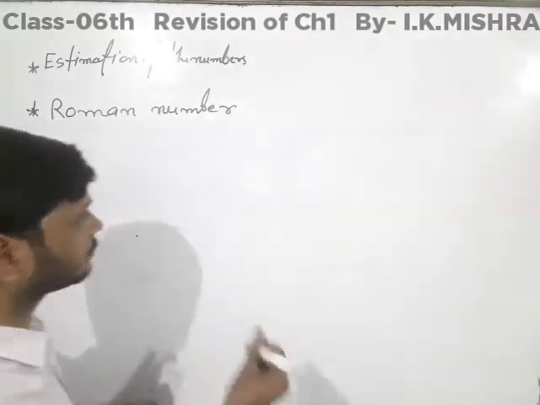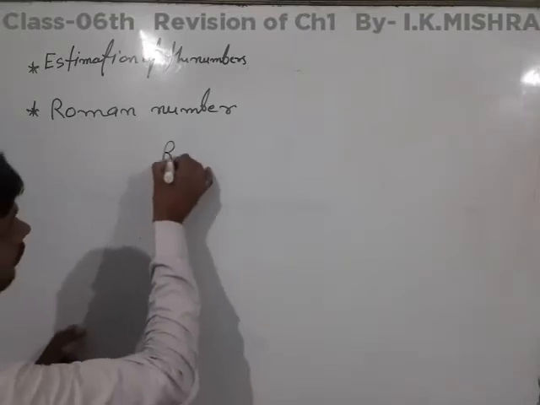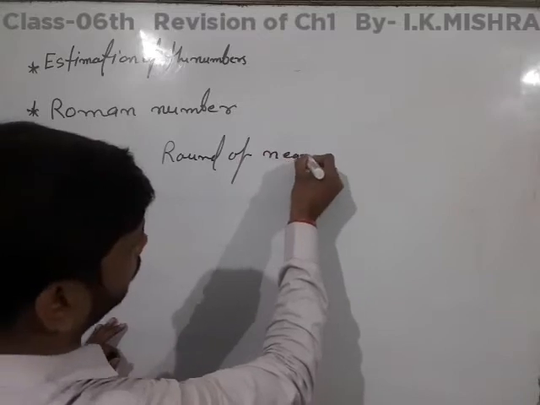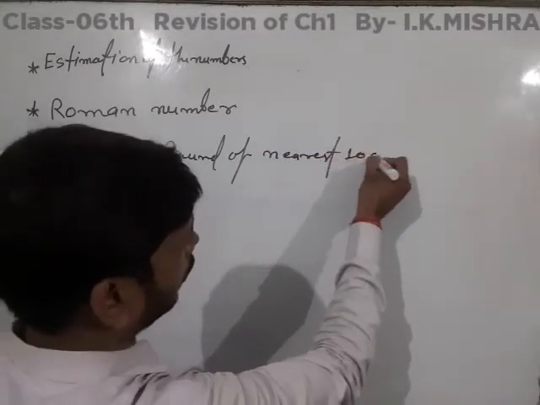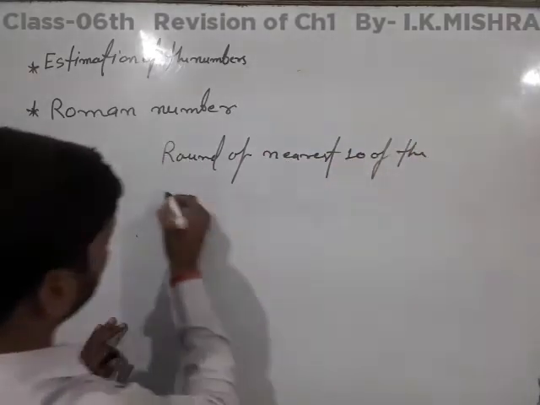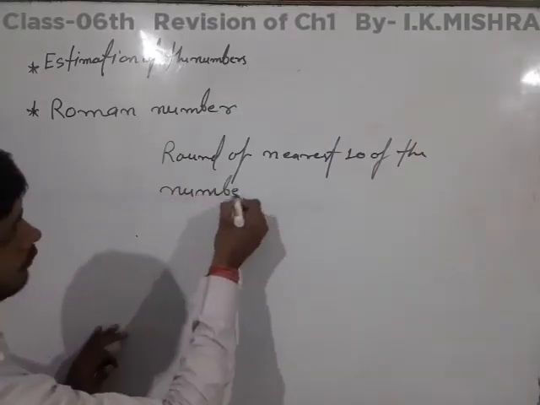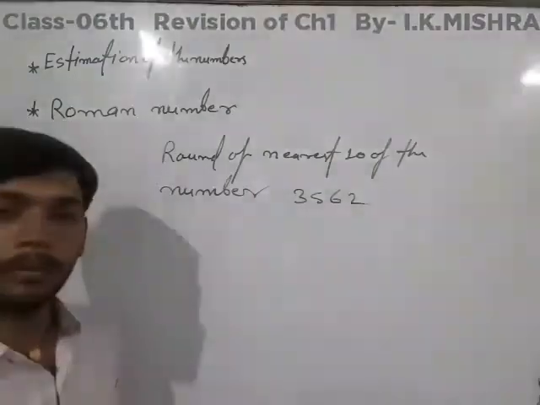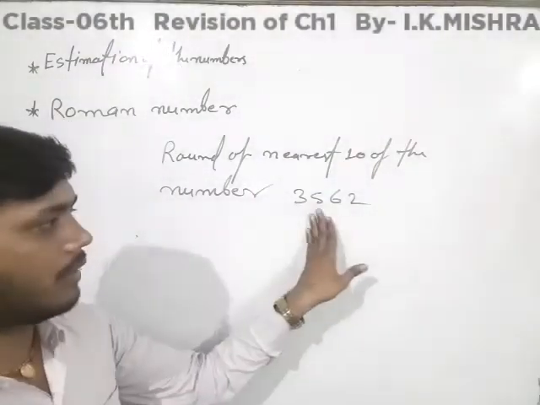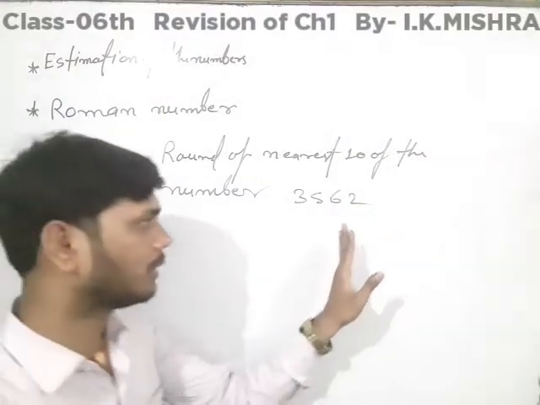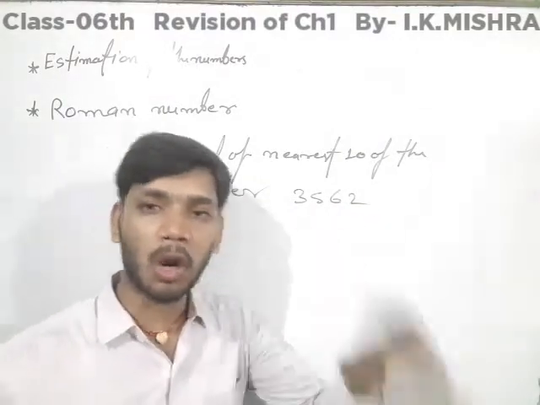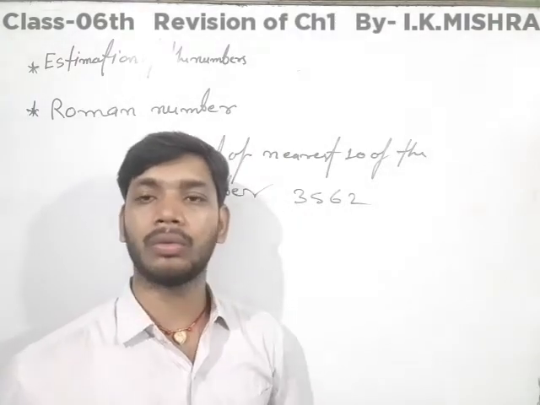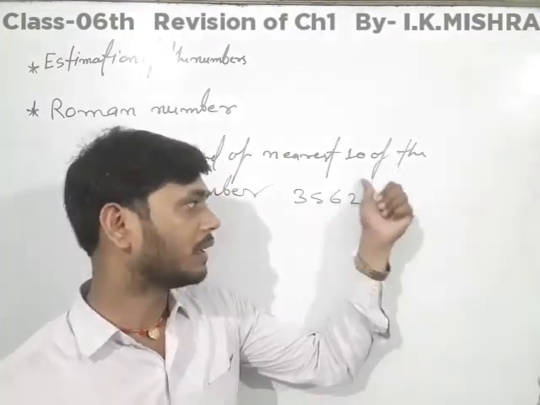Suppose here a question: round off to the nearest 10 the number 3562. Here a number is written, 3562, and you have to estimate it. You have to round it off to the nearest 10.